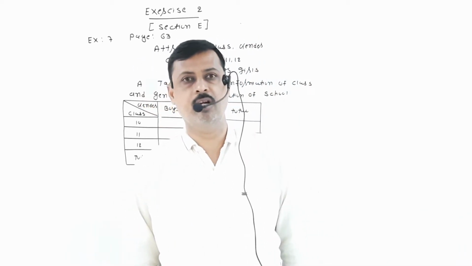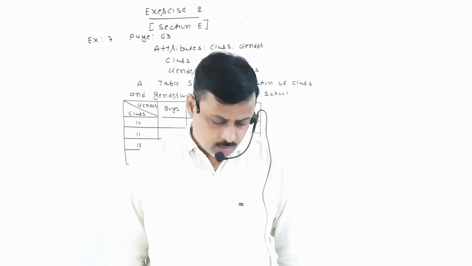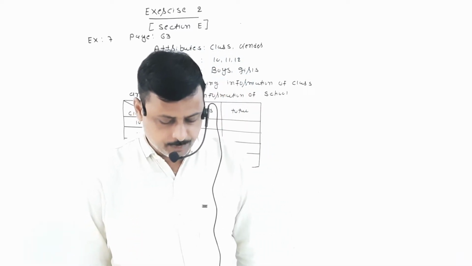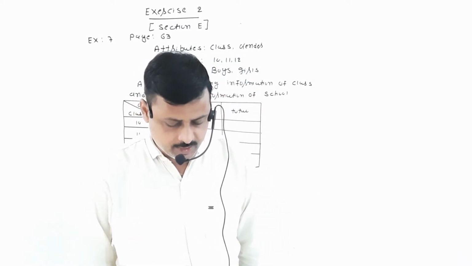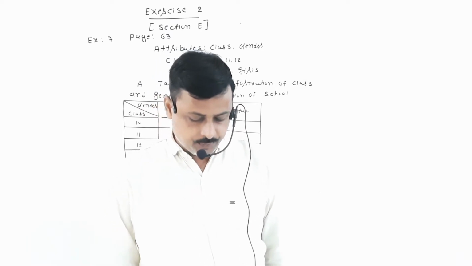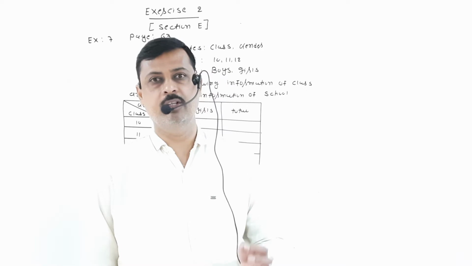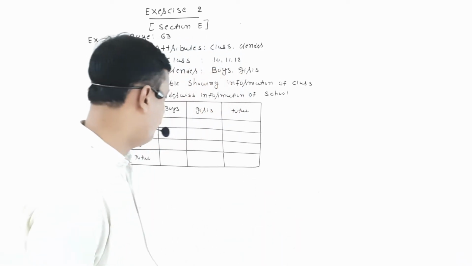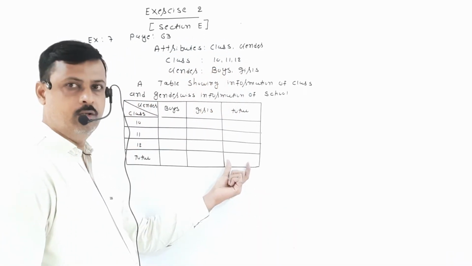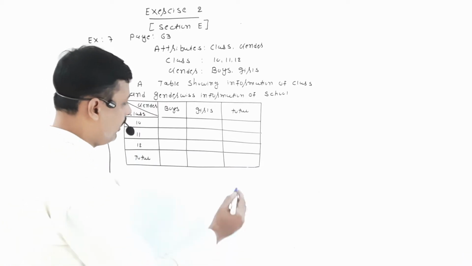So now we can start our example. There were 850 students studying in a higher standard of school. So total students in the school, that is 850.